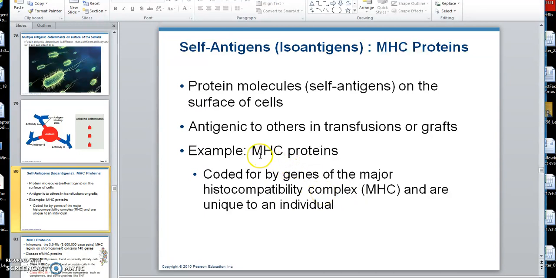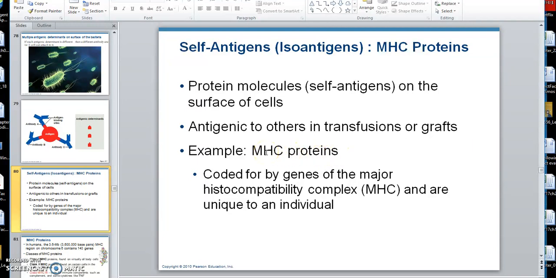Now, if we say MHC proteins, that means those are the protein flags on a cell. Generally glycoproteins. But these are the identification flags.